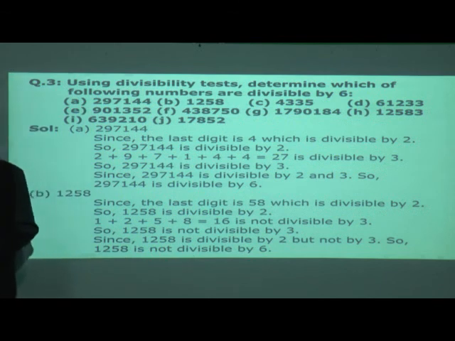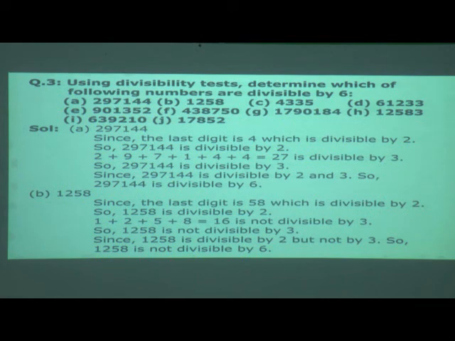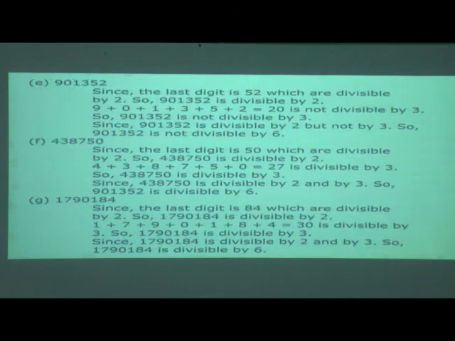Okay. So this was the example to find out whether the given numbers are divisible by 6. Few more examples are there here. I will explain one or two of the bigger ones.